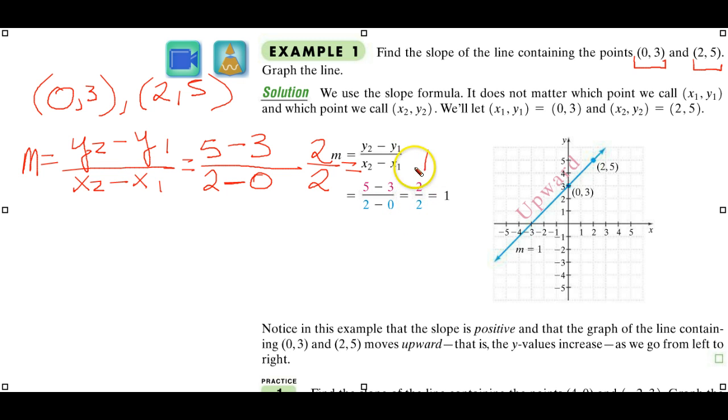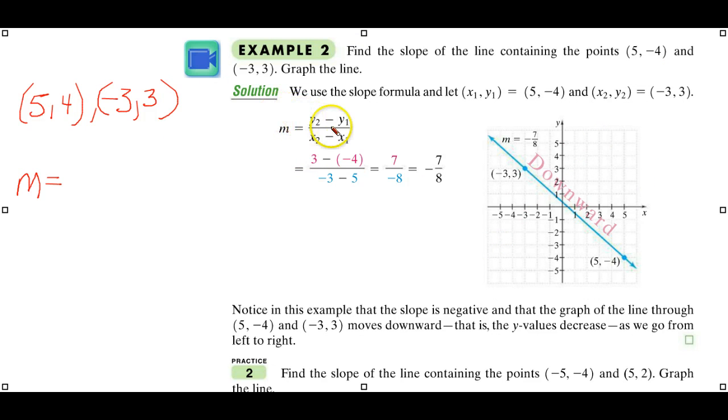Now this is positive, and if we plotted these points, we'd get a line there and a line there. And we will find that, generally speaking, if our slope as we move from left to right is upward, this is going to be positive slope. Our slope will be positive.